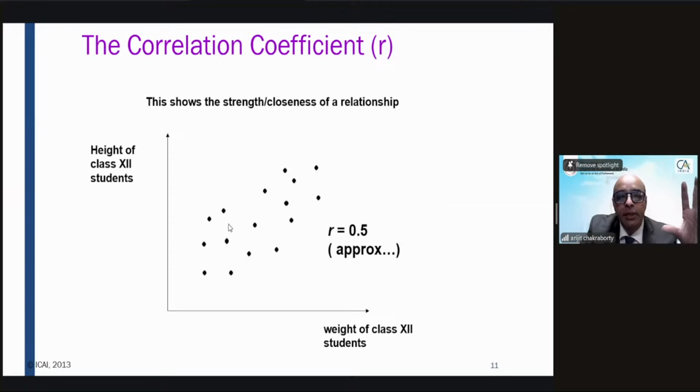Yes. Now let us see some examples of strength and closeness. So मैंने यहाँ पे कुछ random bivariate data का example लिया है. So you can see height of class 12 and weight of class 12. Normally जितना height बढ़ेगा उतना आपका weight भी correspondingly बढ़ेगा, क्योंकि आपका body mass भी उस हिसाब से increase होगा जितना आपका height है.